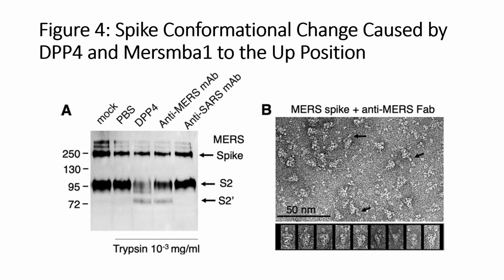Okay, so next the researchers wanted to discover the molecular mechanism for antibody-dependent enhancement, ADE, of coronavirus entry. To do this, they wanted to determine if the antibody caused the conformational changes of the spike that allow that to happen.